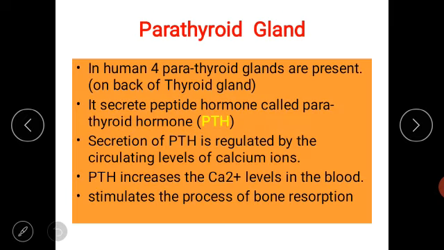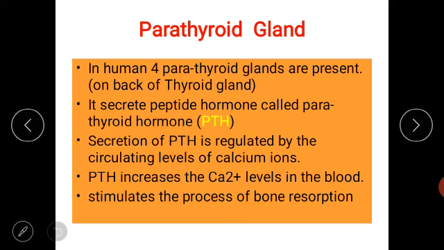So the parathyroid gland secretes the PTH hormone, which is called parathyroid hormone. The secretion of parathyroid hormone is regulated by the circulating level of calcium ions. So here the calcium ion plays an important role in the secretion of parathyroid hormone.